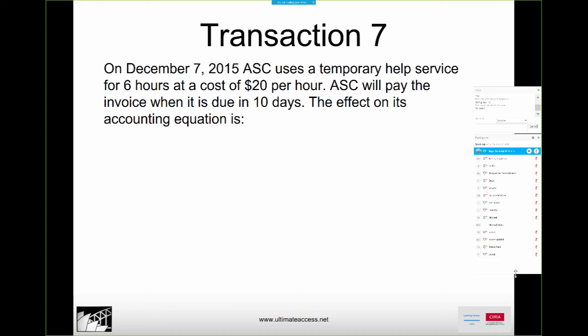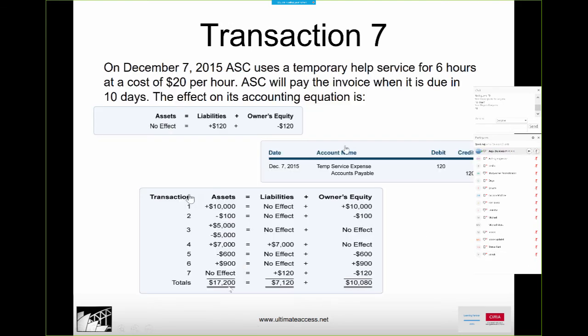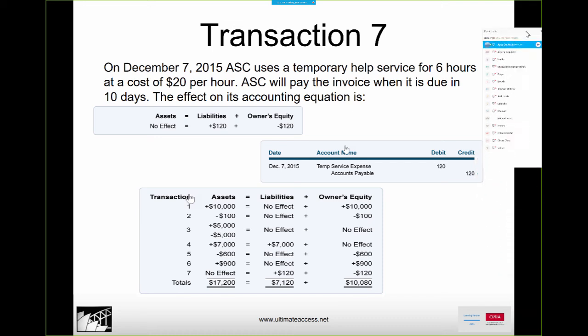Okay, let us go and see what has happened in this case. You can see definitely there is an impact. I just told you anything that touches the P&L is going to impact the owner's equity.